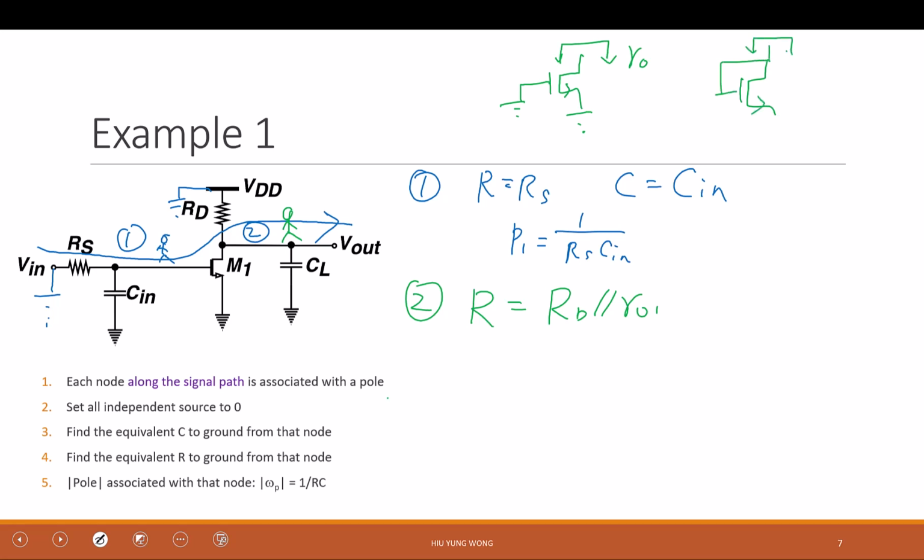What is the input impedance of this one? I'm looking into the drain also. Isn't it very naive and wrong thinking that it is the drain parallel the gate, so this will be R0 parallel infinity? No, what is the impedance?